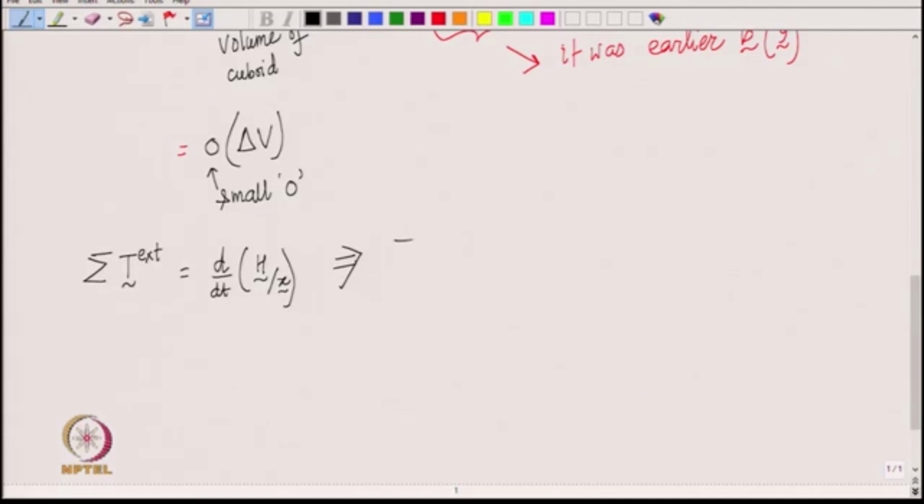From the traction, if you recall, it is summation I equal to 1 to 3, E I cross sigma E I times delta V, plus the contribution due to the body force term, which is small o of delta V, and that is equal to the rate of change of angular momentum, that is also small o in delta V, right. So, that is the equation.